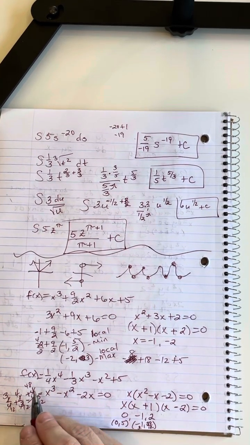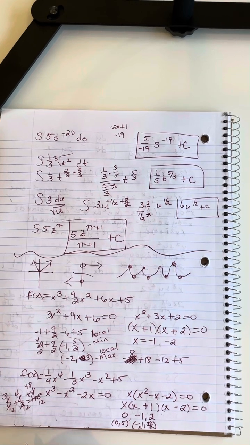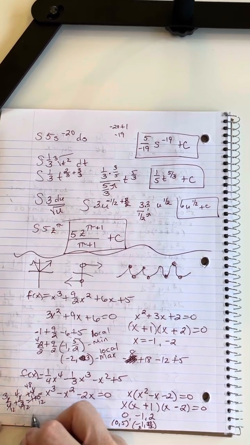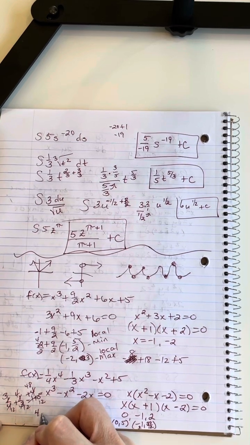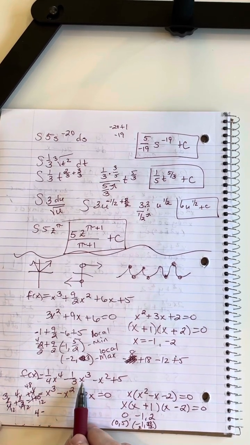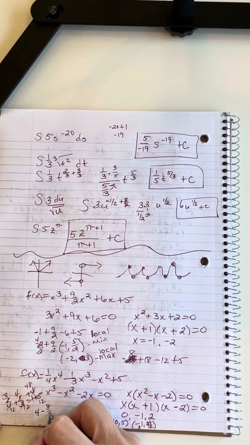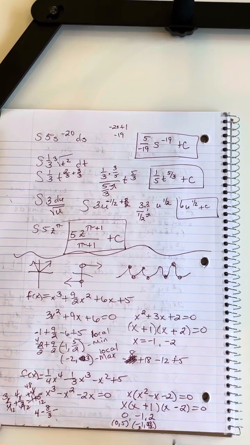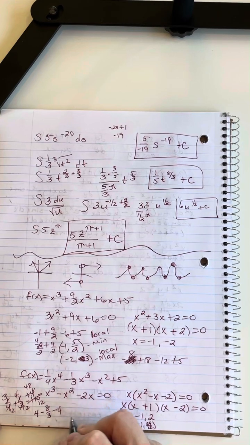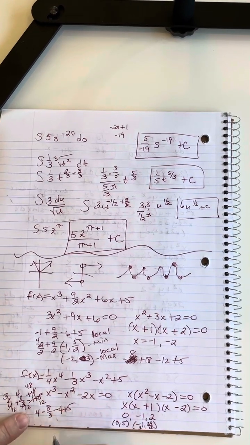And then plugging in the 2. 2 times 2 is 4, times 2 is 8, times 2 is 16. 16 divided by 4 goes back to 4, minus 2 times 2 is 4, times 2 is 8, so minus 8/3, minus 2 squared is 4, plus the 5.